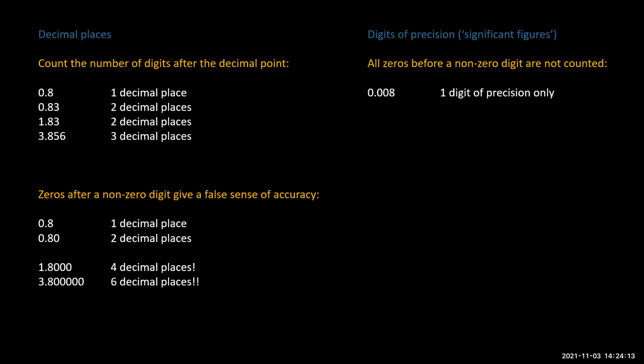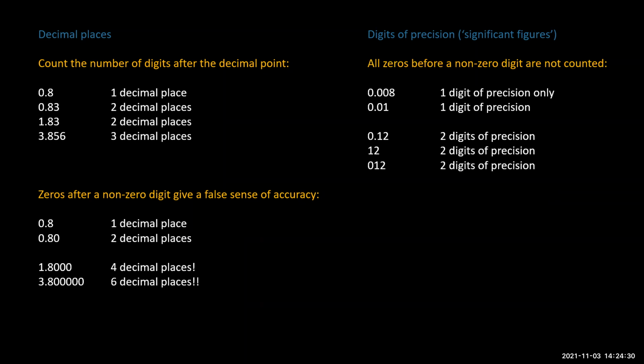So this is only 1 digit of precision. This is also 1 digit of precision. This is 2 digits of precision because there are 2 numbers. This also is 2 digits of precision because there are only 2 digits in here. And again, this is also 12, but it has a 0 in front of it, which of course does not add any precision.